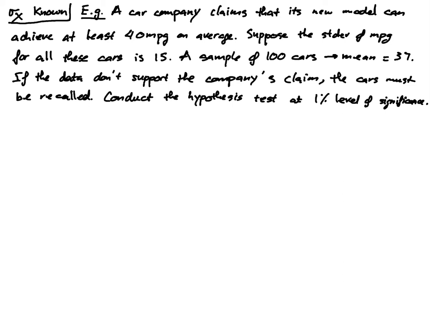So let's go through the 4 steps of a hypothesis test. The first step is where we develop the null and the alternative hypothesis. Here, the parameter of interest is the population mean. How do I know that? The keyword here is average. When we see the word average, we should be thinking about the mean.